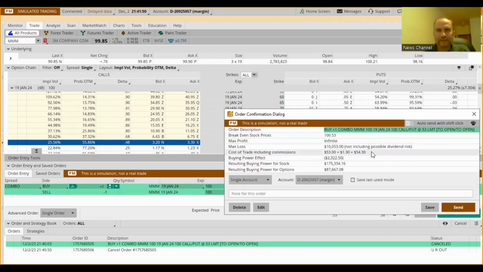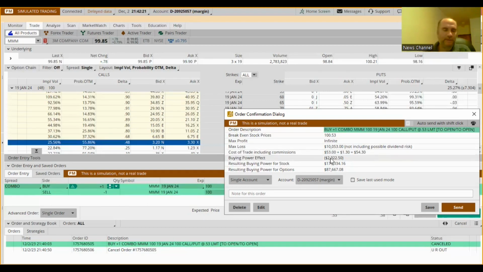Generally, you should get a credit, but since the call is costing more than what you're receiving for the put, therefore it's costing you to take this trade. Now, if you really think this is going to go up, it's just going to be a cost of $54 for you, and the benefit is that you're only putting up $2,250, $2,000 and change, instead of having to put up $10,000.